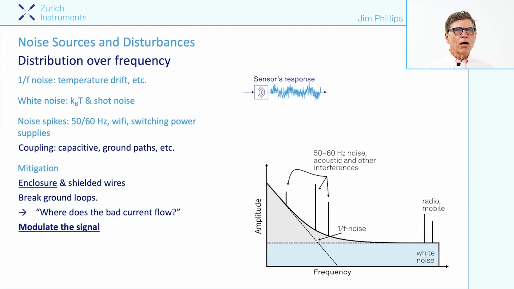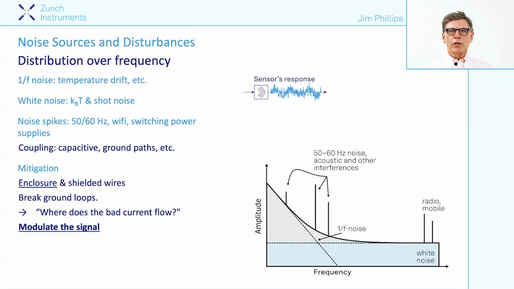And then there are synchronous sources, which are associated with the power line frequency and with switching power supplies, and up at higher frequency with radio. These signals are coupled to us by various means, capacitive, and by sharing ground paths and other means.